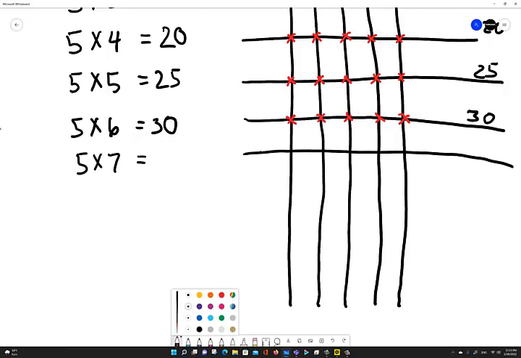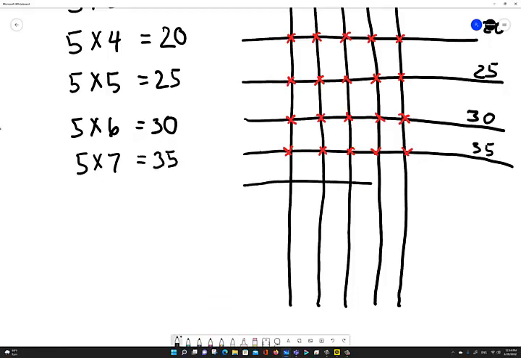Good. We skipped ahead. That's okay. Let's check to be sure. This is 31, 32, 33, 34, 35. Which is right? 35.